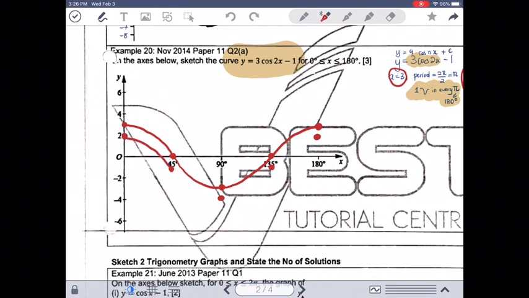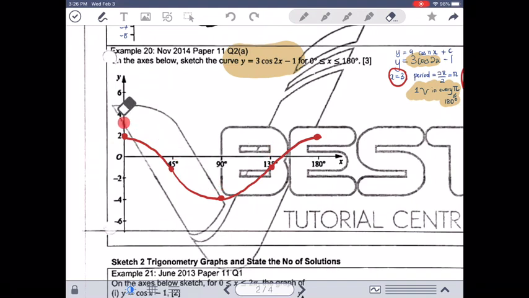So our new graph should look something like that. Now you can erase the old graph. Okay, that's it. This is y equals 3 cos 2x minus 1.